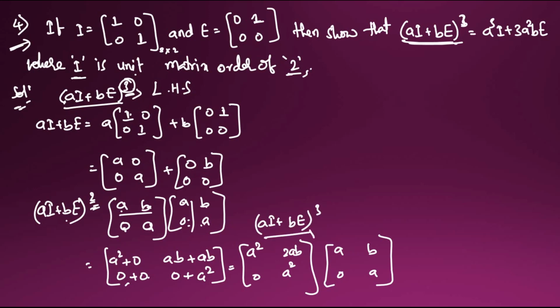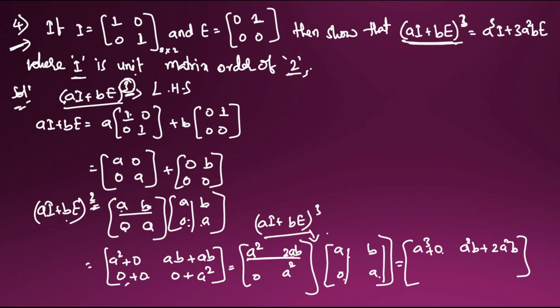So this total is equal to, now the answer will come as this into this, so A square into A, A cube, and 2AB into 0 plus 0, so A square into B, A square B, plus 2AB into A, 2A square B.